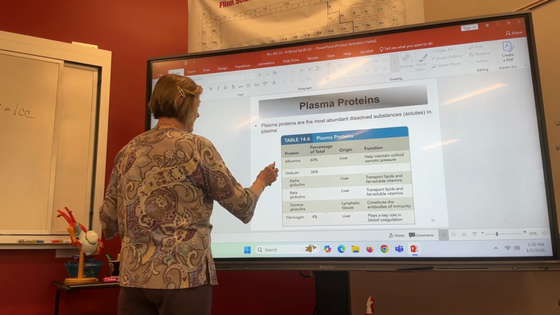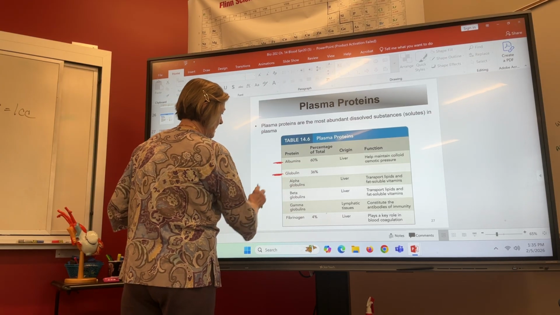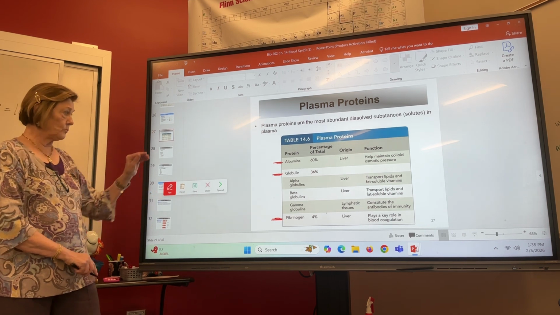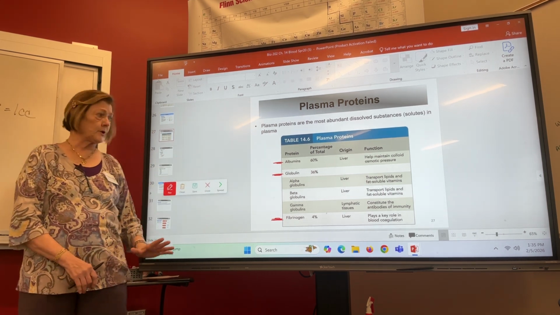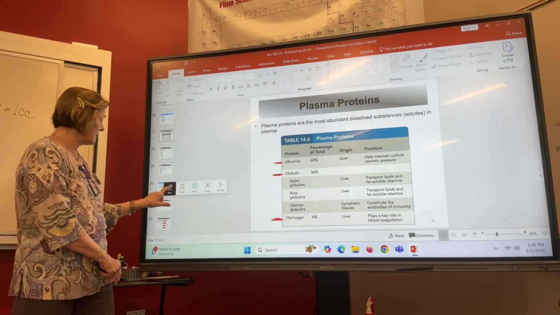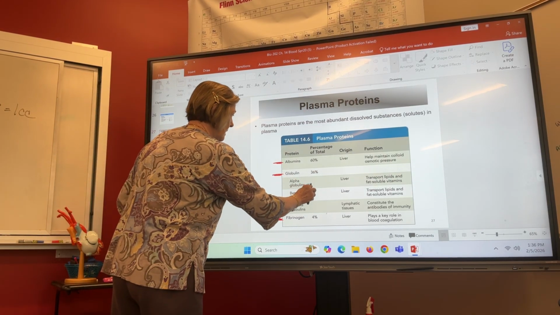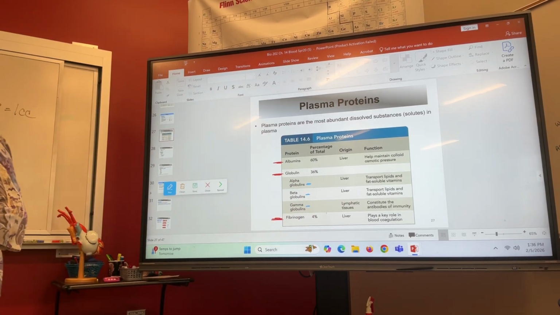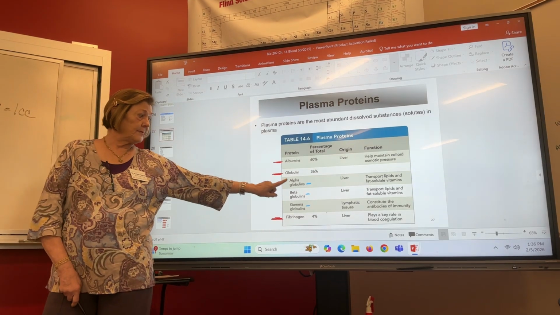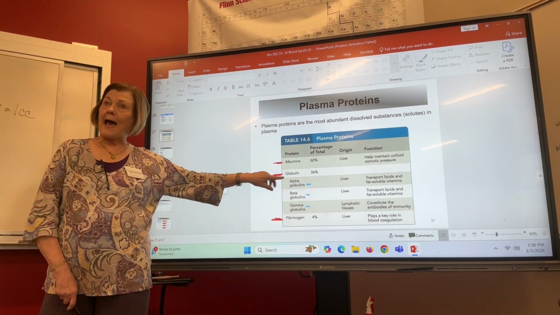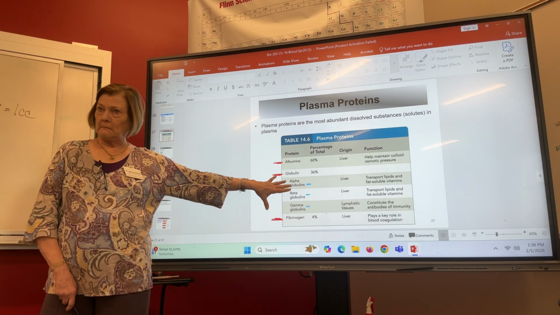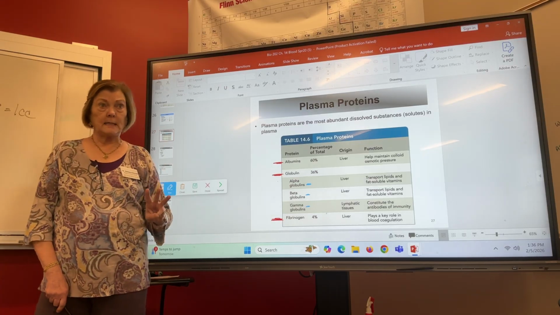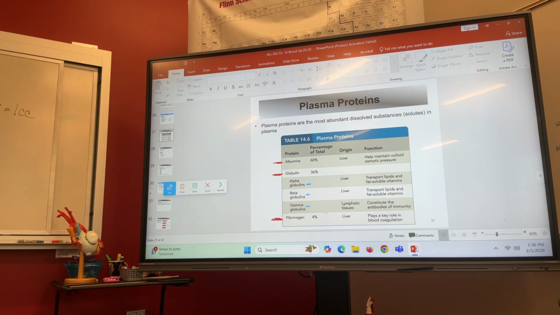We have here, here, and here. Don't get confused. You've got three different types. And then we actually have three different types of globulins. We'll get in the weeds with these when we get into the lymphatic system and immunity. For now, what I want you to know is that there are three types of plasma proteins.